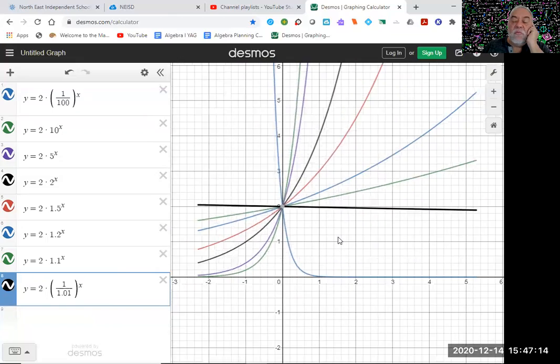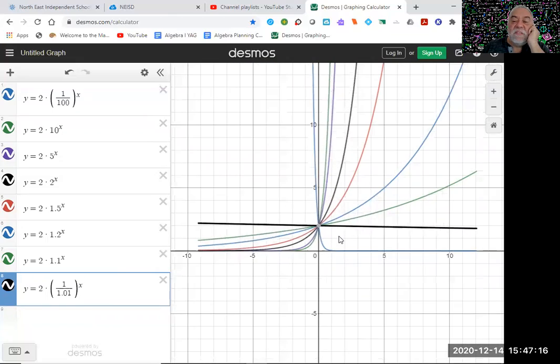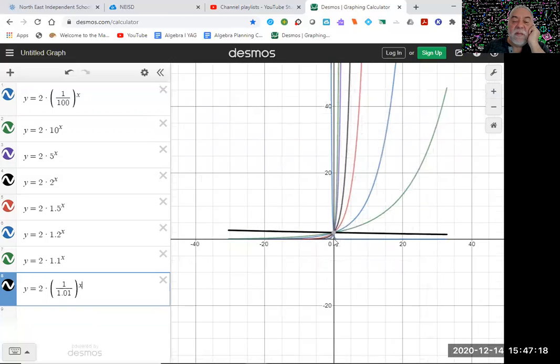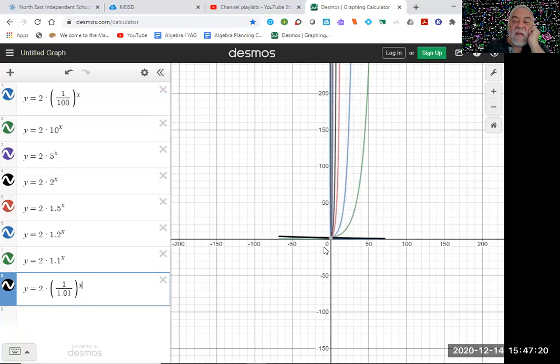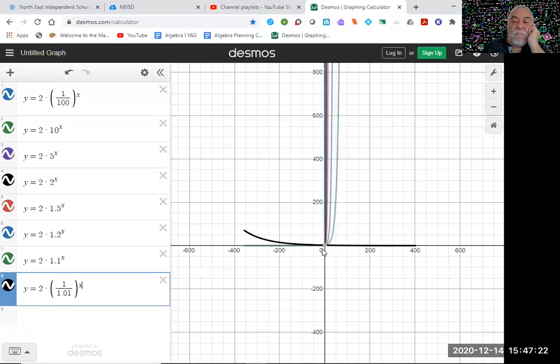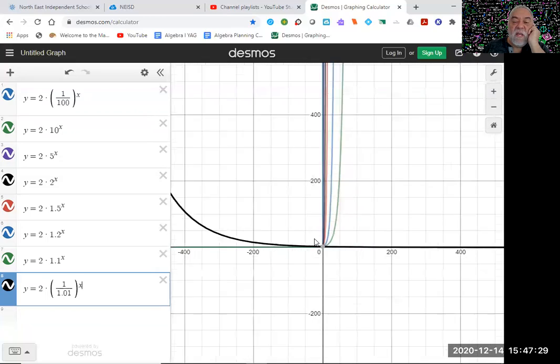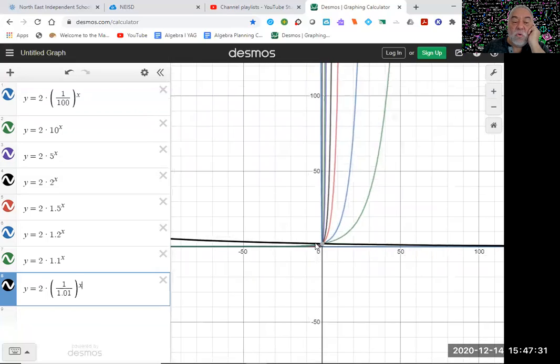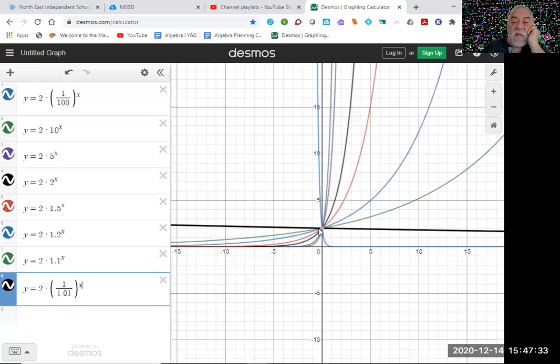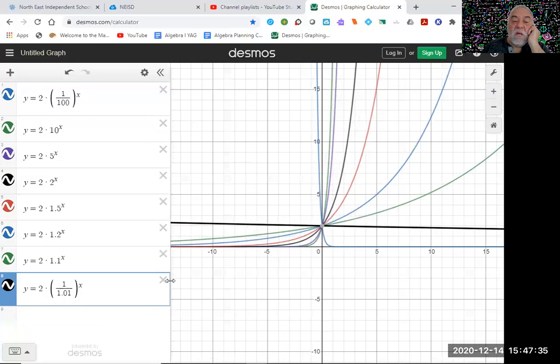It goes through there, but you can see now it's still exponential decay, but I have to scroll way out. It's coming down, coming down, comes across here at y equals 2, the y-intercept, and then keeps getting smaller. So the closer your growth rate or decay rate is to 1, the shallower it is.